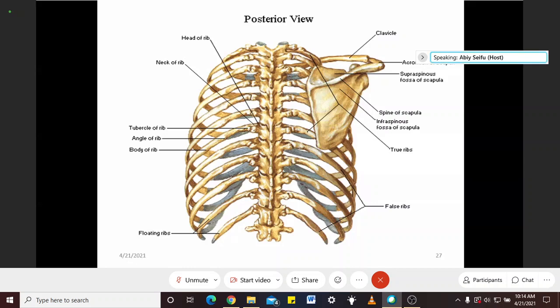Now let's see the features of the thoracic vertebrae.